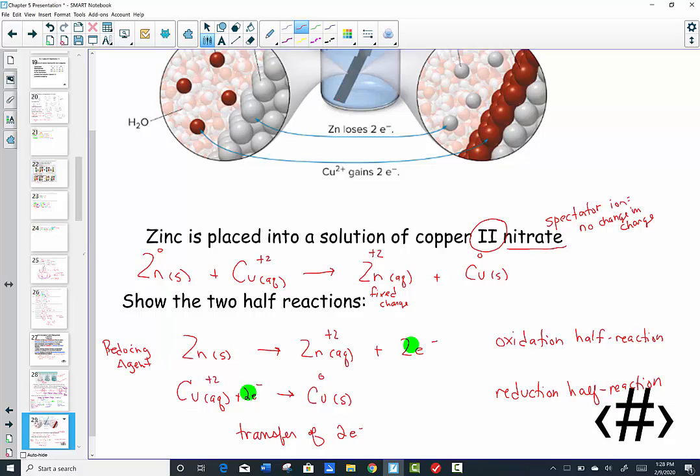Since copper is being reduced, it is called the oxidizing agent. There is a transfer of 2 electrons between the element zinc and the aqueous ion of copper through this chemical change.